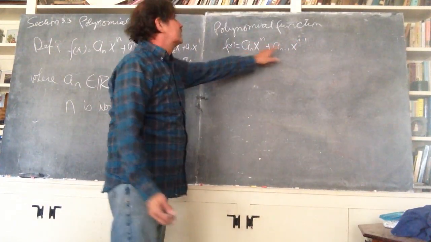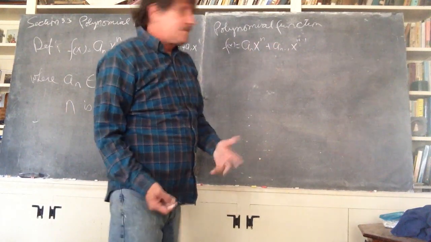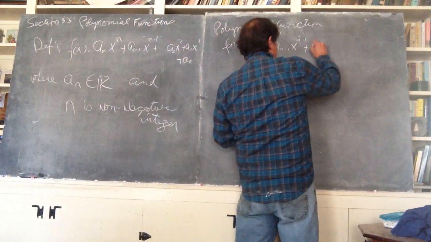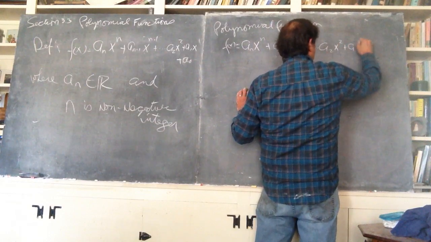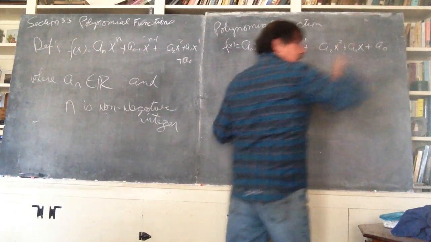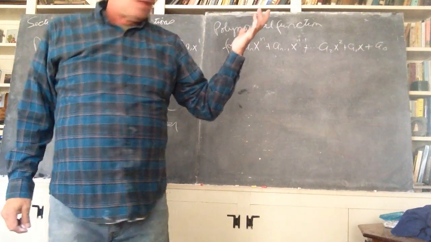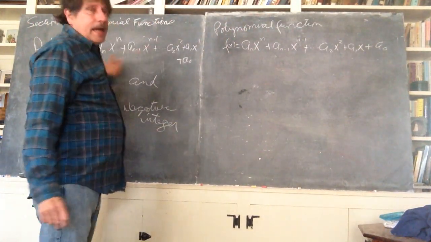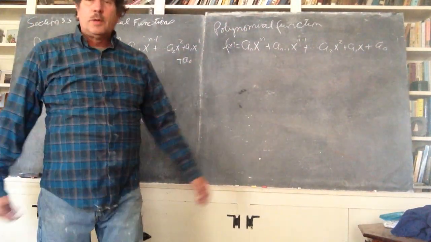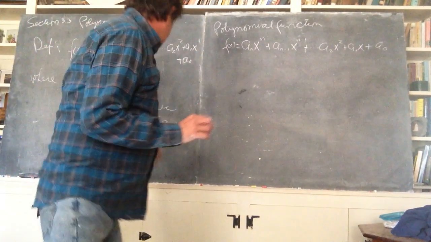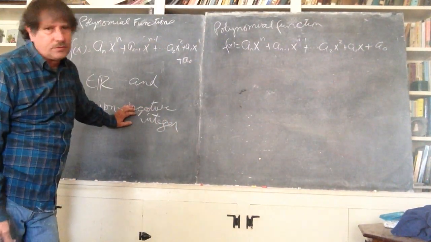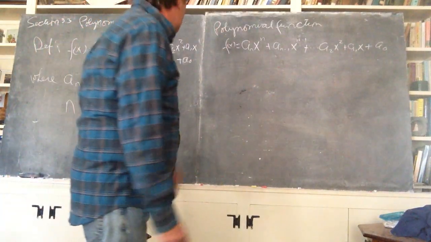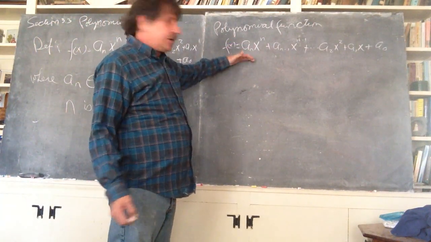If n is 10, then this would be 9, 8, 7, plus dot dot dot, a2 x squared plus a1 x plus a0. That's the definition of a polynomial function where all the a's are real numbers. They can be any real number at all. The n's have to be a non-negative integer, a whole number: 0, 1, 2, 3, a counting number plus 0. So that's what the definition is.